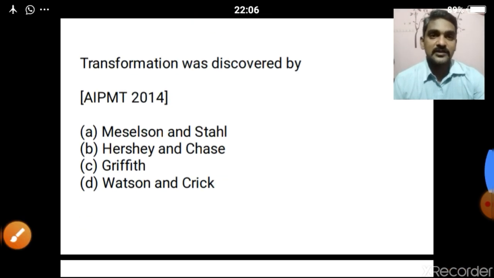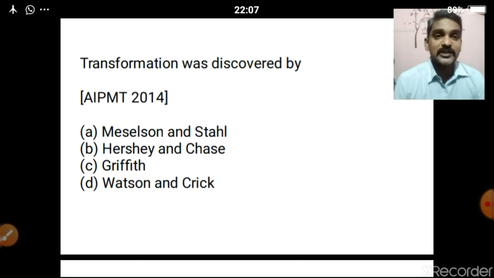Next question. Transformation was discovered by. So this is also a direct question from the book. What did Meselson and Stahl do? What did Hershey and Chase do? Griffith, Watson and Crick. If you know what all these scientists did, easily you can answer. Meselson and Stahl gave the semi-conservative model of replication.